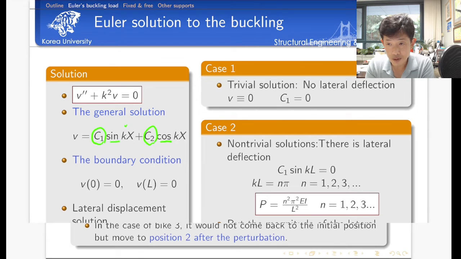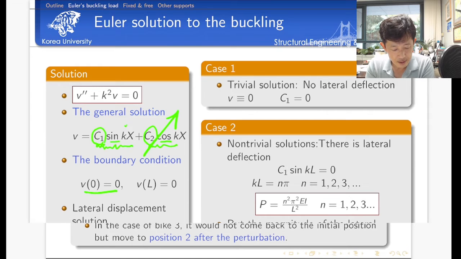Let's consider the boundary condition. At x equal to 0, v is equal to 0. The first term, sine 0, is equal to 0, and C2 times cosine 0 is equal to C2 times 1. That's why we can conclude that C2 should be equal to 0.